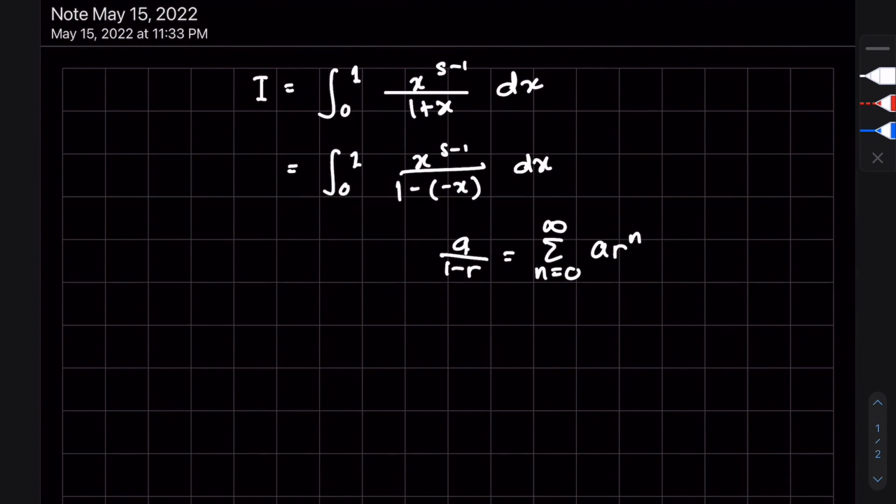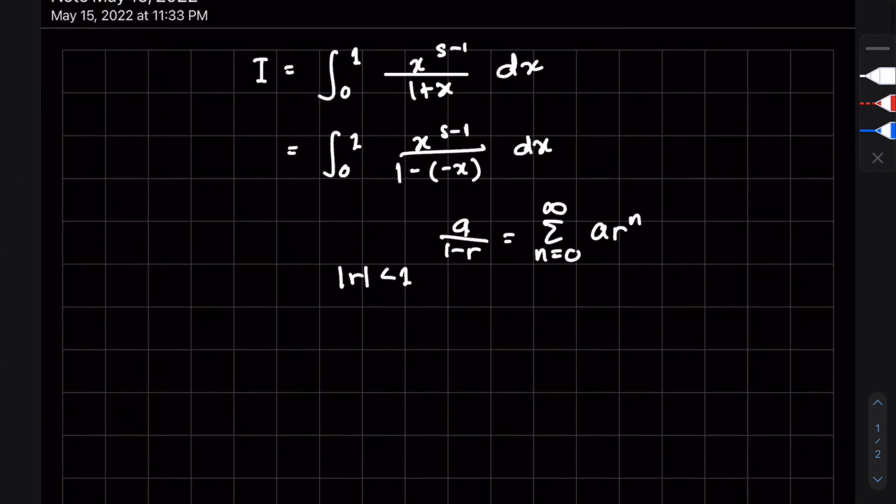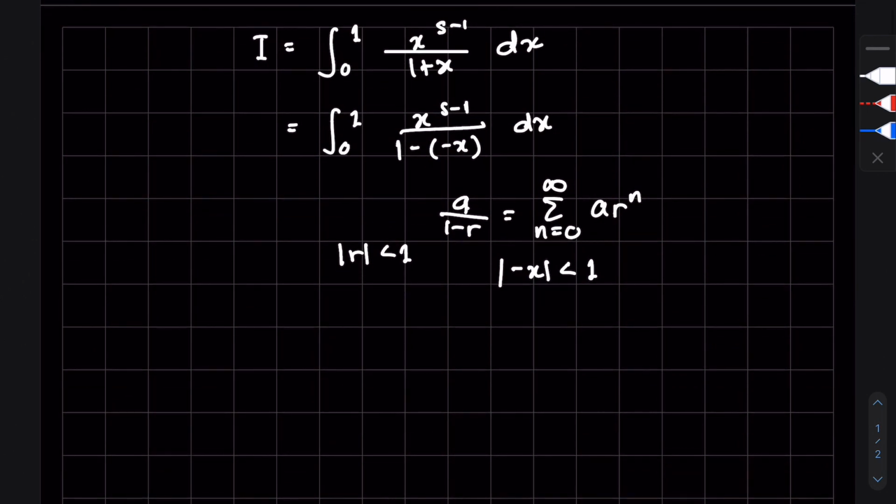I really want to use this formula, and this is of course only valid when the absolute value of r is less than 1. That's the condition for the region of convergence of this infinite geometric series. In our case, we have the absolute value of minus x to be less than 1, which will also always be true in this interval of 0 to 1 that we're concerned to work with. So that's just a tiny side note.